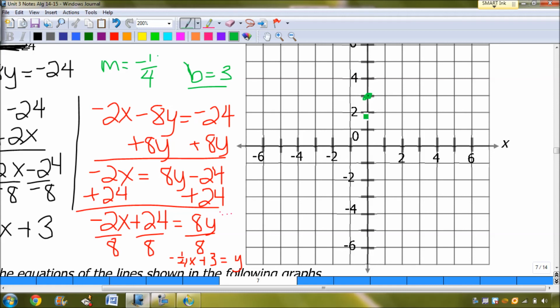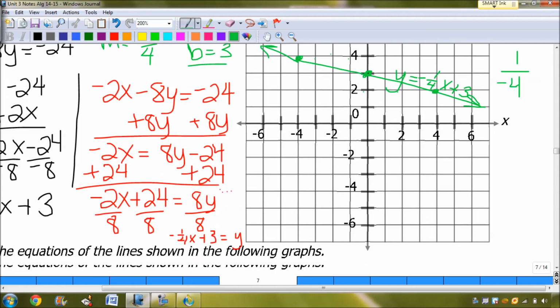So I'm going to go down 1 and to the right 4. Okay, now that was one choice, or I could have said I can go +1 over -4, which means I would go up 1 and to the left 4. Again, it's your choice, whatever you prefer. Connect your dots. You end up getting y equals -1/4 x plus 3 as my equation right here.